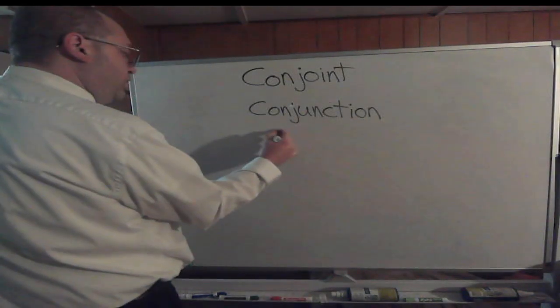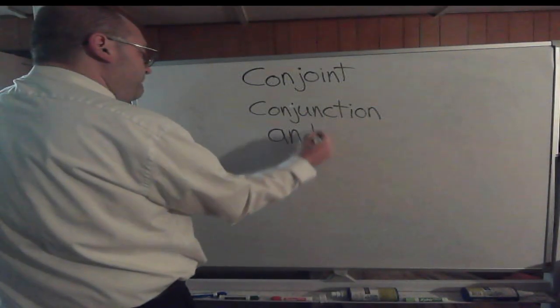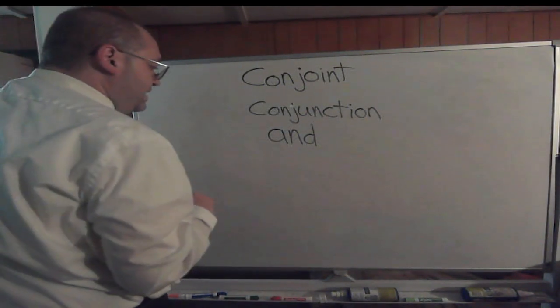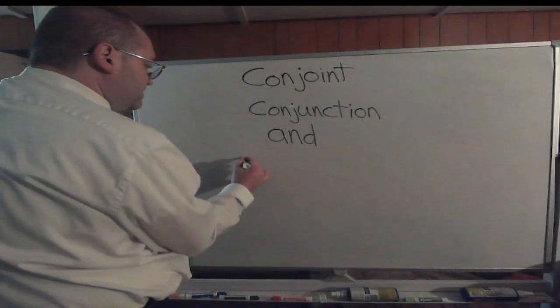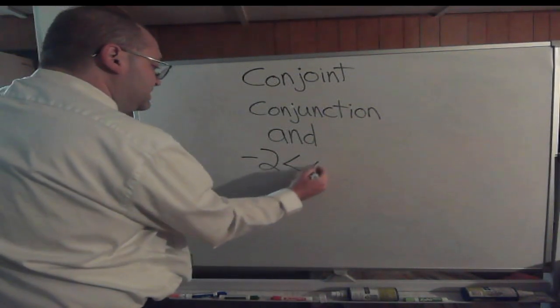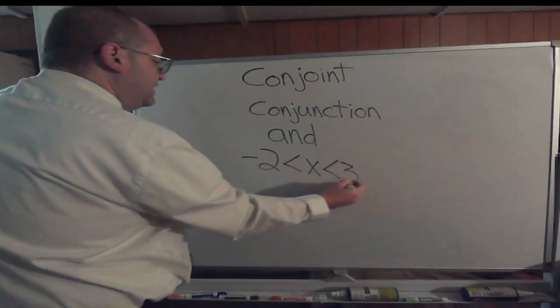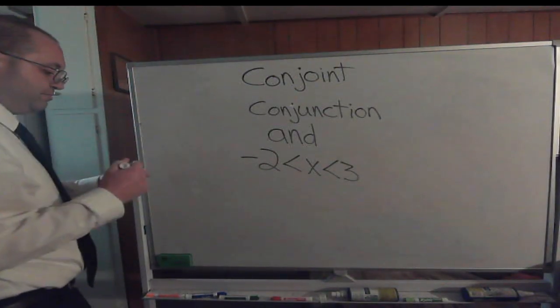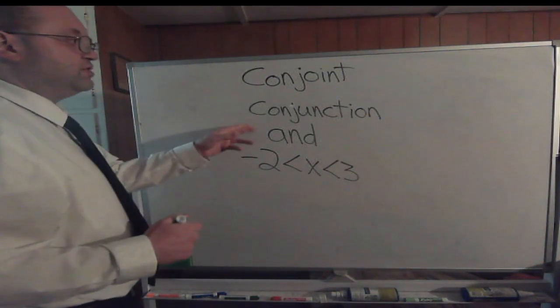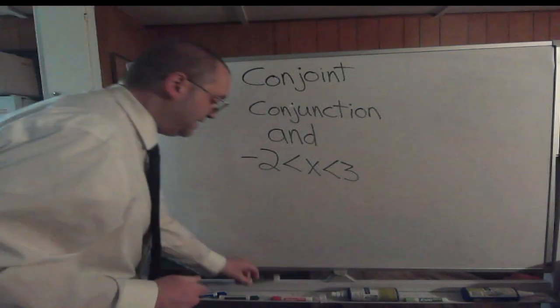They include the word and. And then such examples as negative 2 is less than x, which is less than 3. Since they're a combined inequality, that's considered a conjunction, a conjoint set.